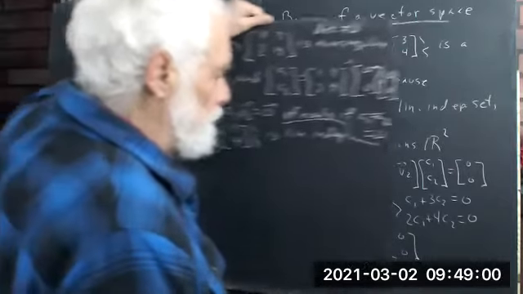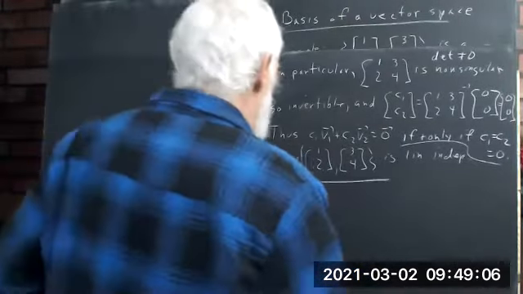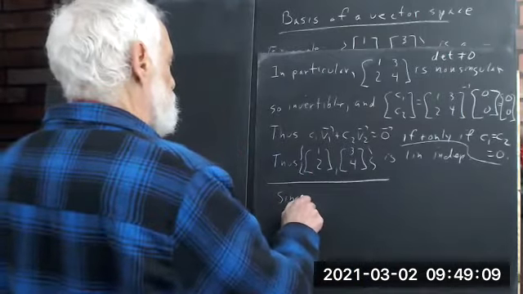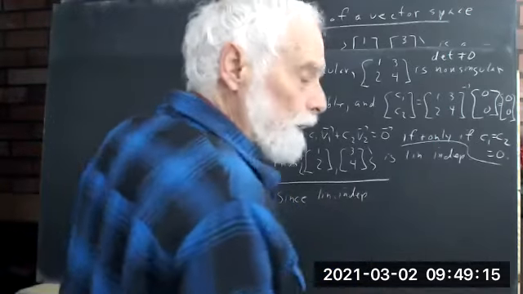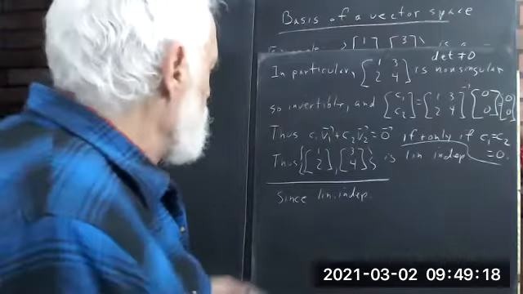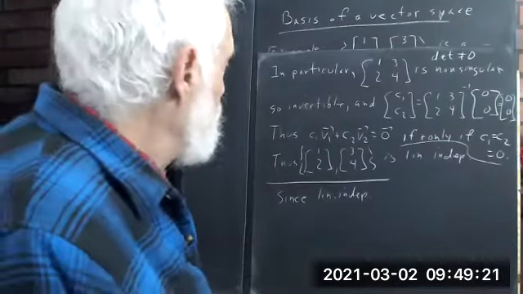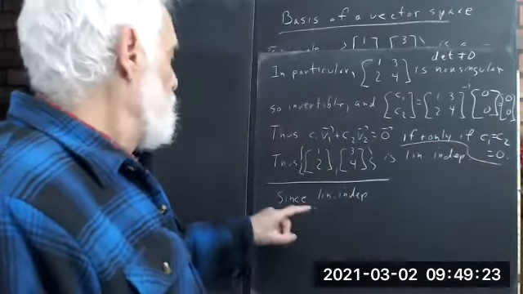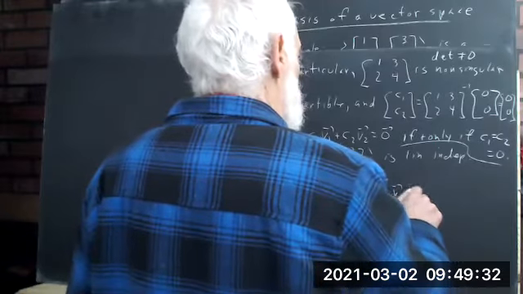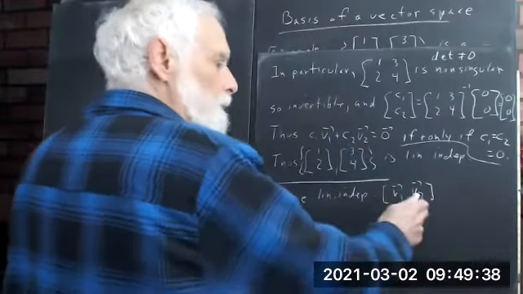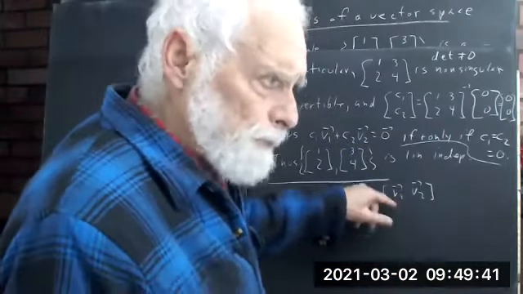Now, what are the implications of linear independence? If we have a set of vectors that we know is linearly independent and don't have to prove it, if it's already been tested, since the system is linearly independent, then I'm going to write the matrix in terms of columns.